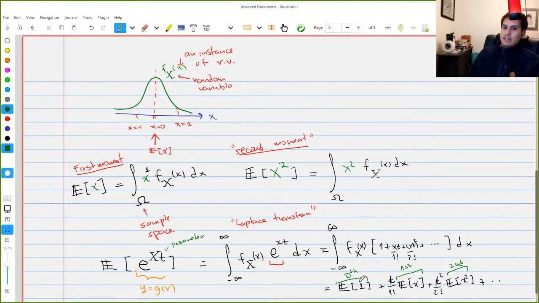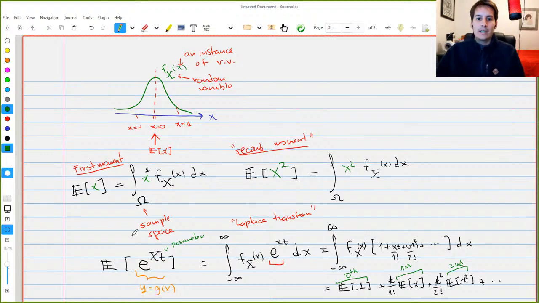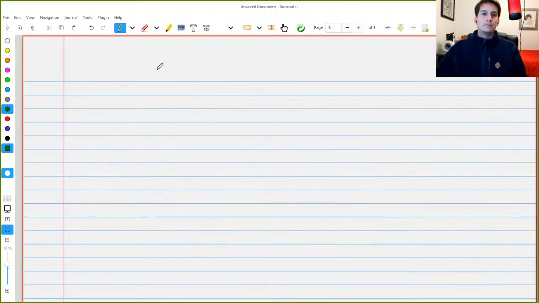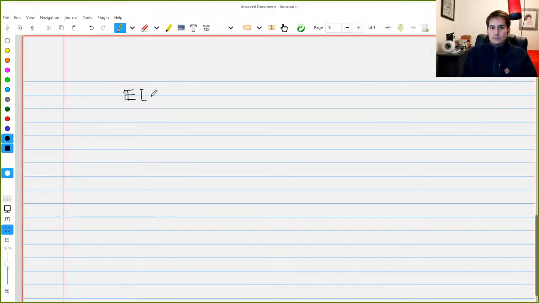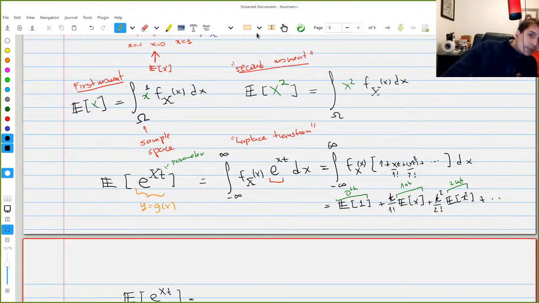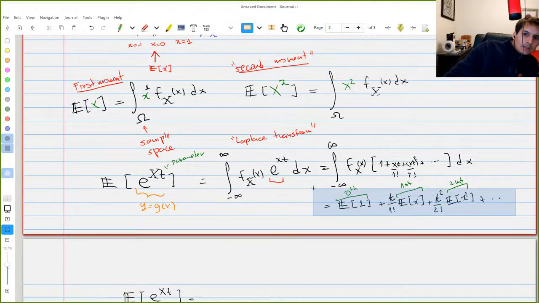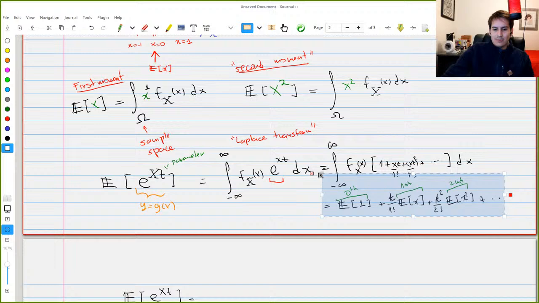Then if you do the derivative with respect to t and evaluate at t equals 0, you will remove this one. Let me rewrite that. I'll copy paste the thing from above. Are you understanding what I'm saying, or is this too weird?